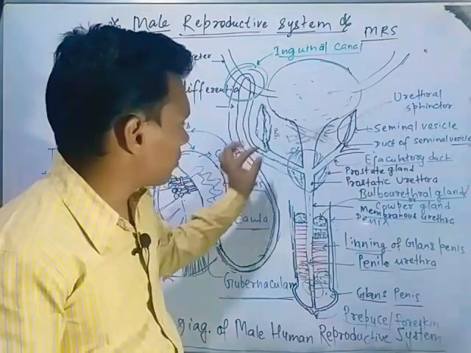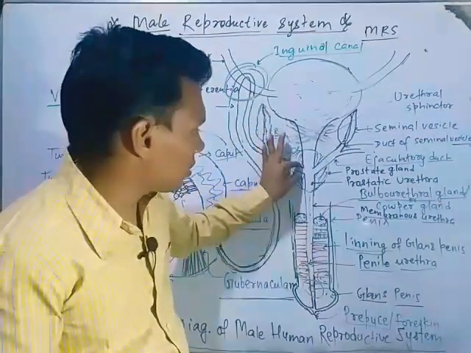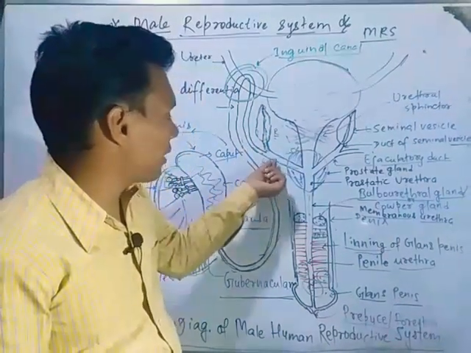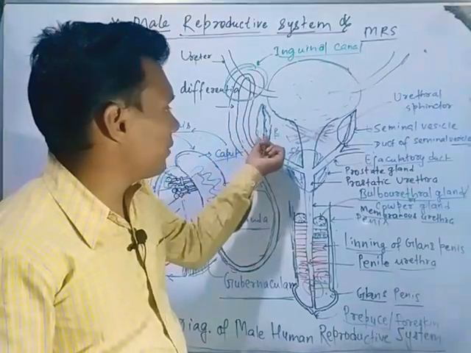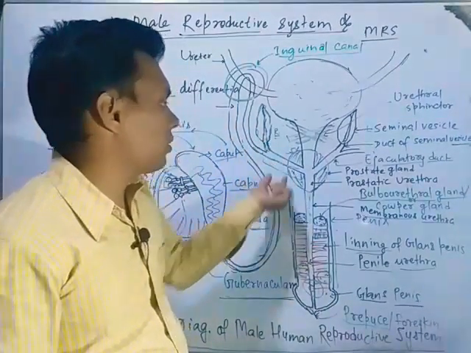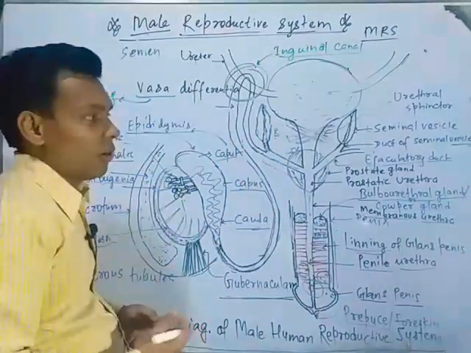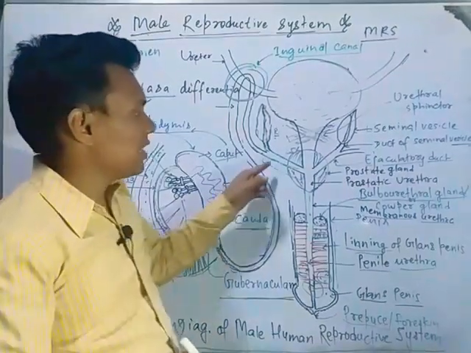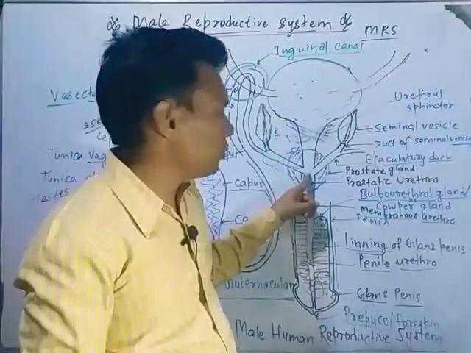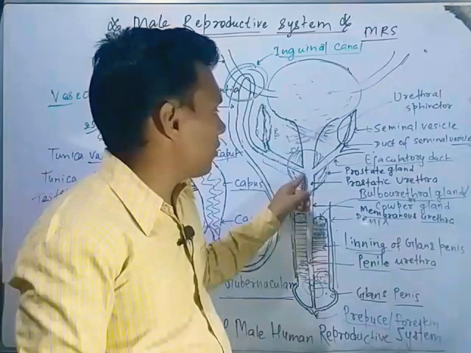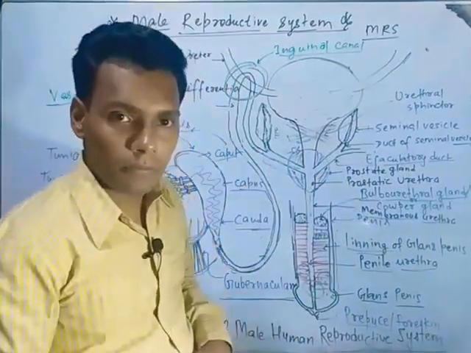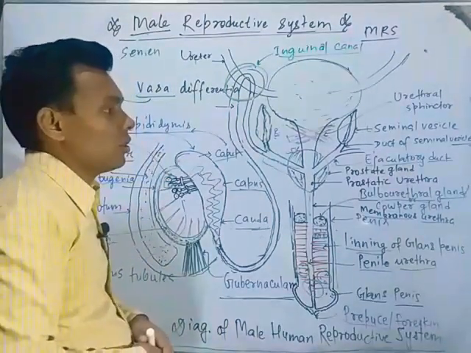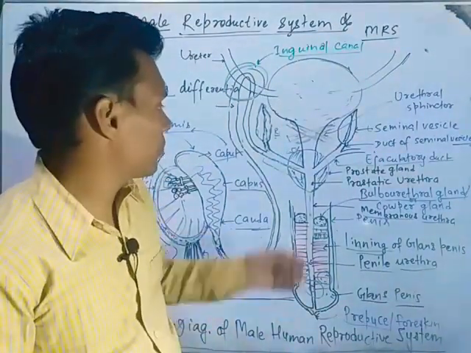These pass through a duct called the seminal duct. After that is the ejaculatory duct, which is formed by the vas deferens and the duct of the seminal vesicle, and so is called the ejaculatory duct. The ejaculatory duct opens into the urethra, and at the urethra a large gland is present, called the prostate gland.